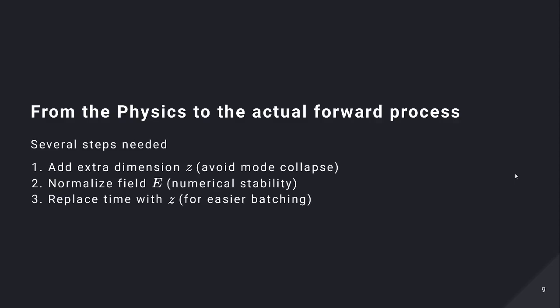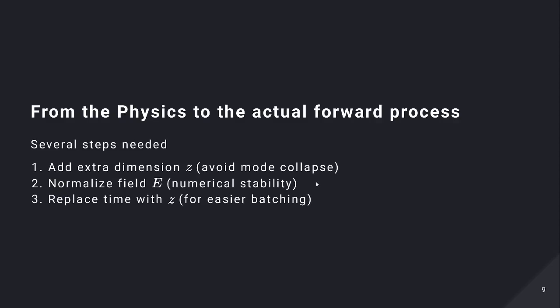Now, this is the physics part. Unfortunately, we do need to add quite a few steps to get a workable model for this. I'll go into them in detail, but first we need to add an extra dimension. This is because if we don't add one, we get some problems with mode collapse, and adding an extra dimension lets us avoid that.